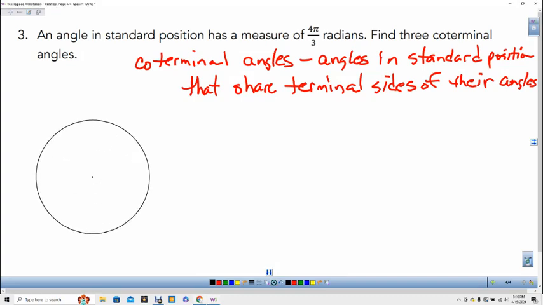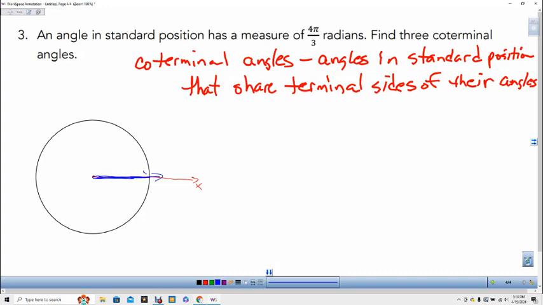All right, so let me see if I can deal with the circle here. Let me get this a little smaller. So we'll say that's the positive x-axis. So we're measuring from here. And let's say we've got an angle. We're going to go here with our initial side.